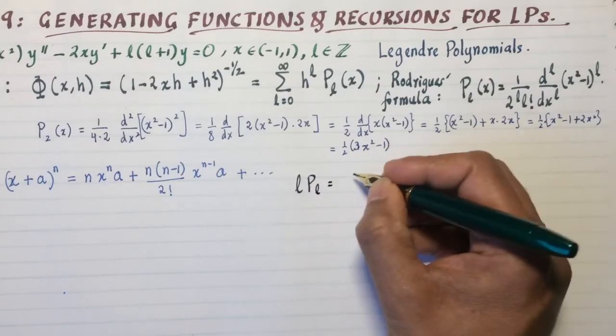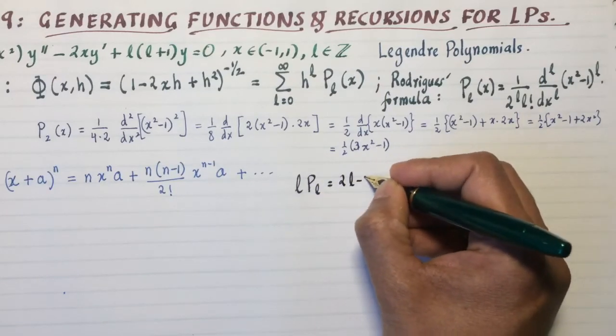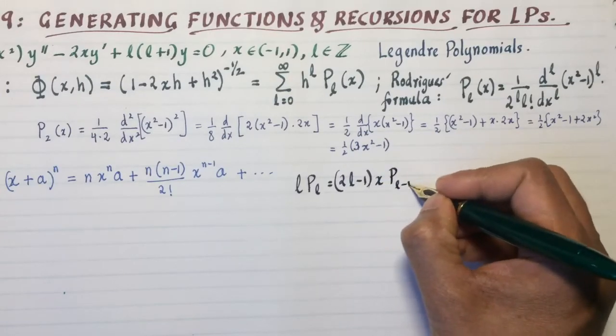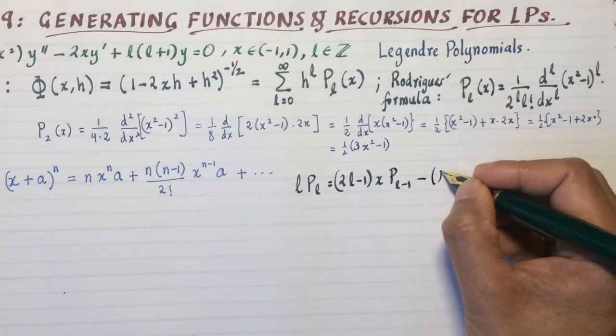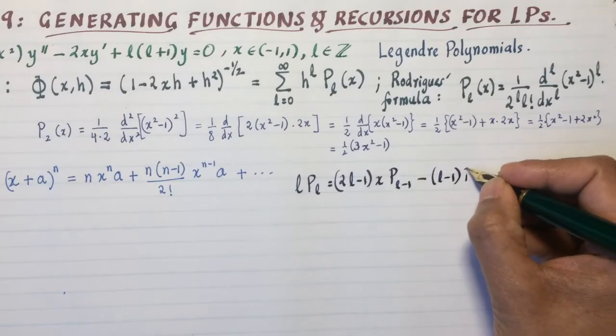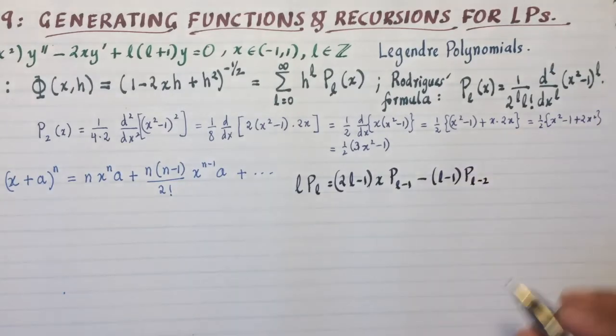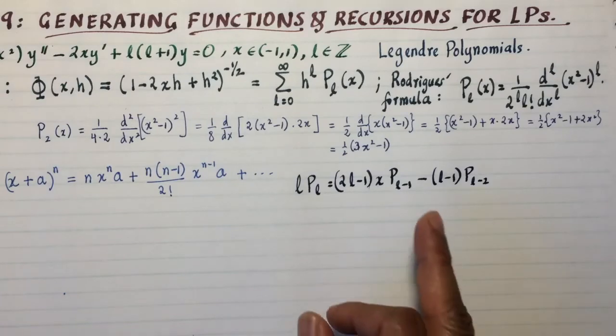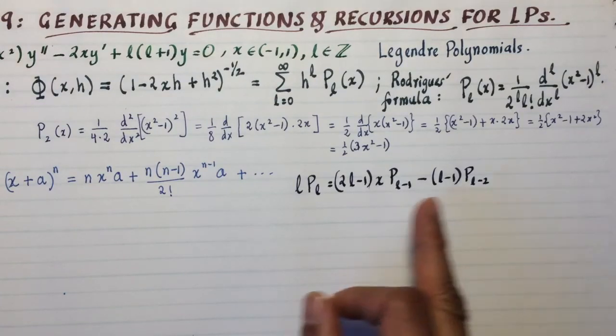So let's think about the following one. L P_L equals (2L minus 1) x P_(L minus 1) minus (L minus 1) P_(L minus 2). So this is a good recursion formula to use if you know two lower polynomials.